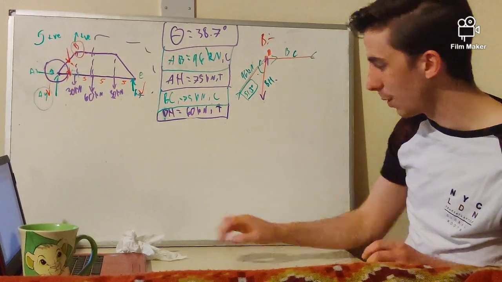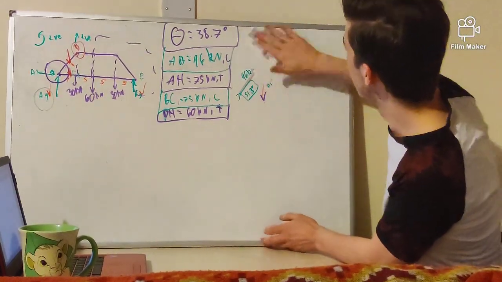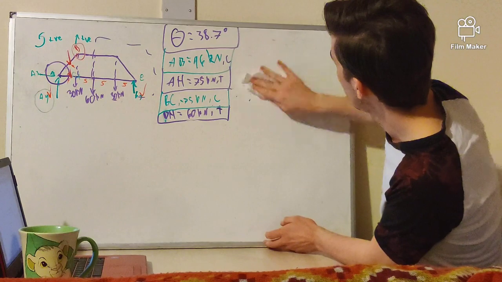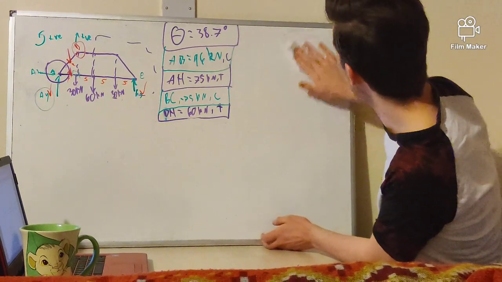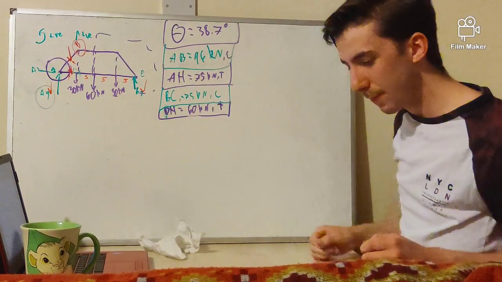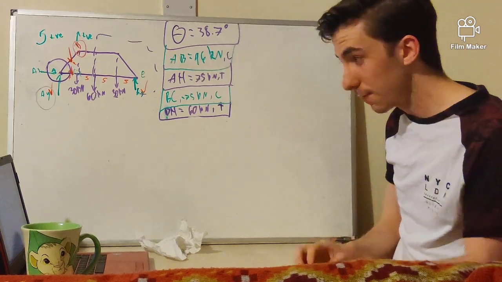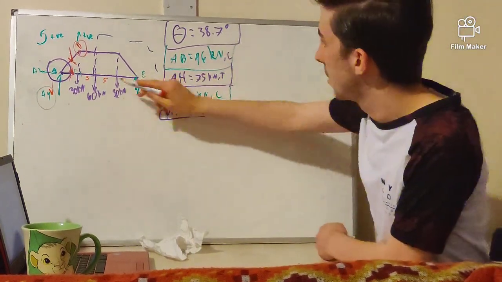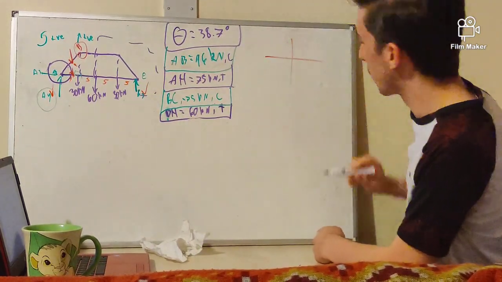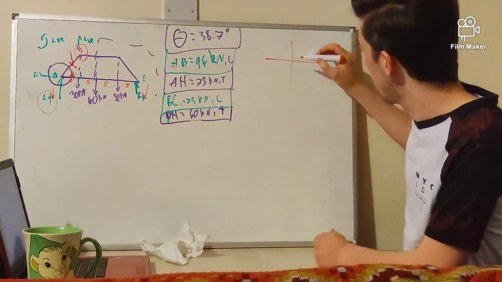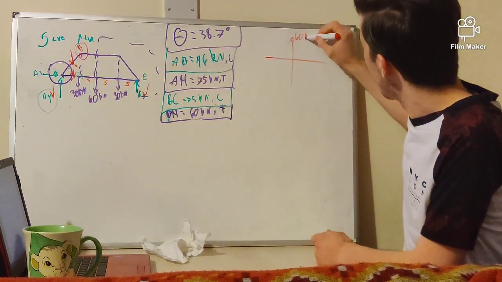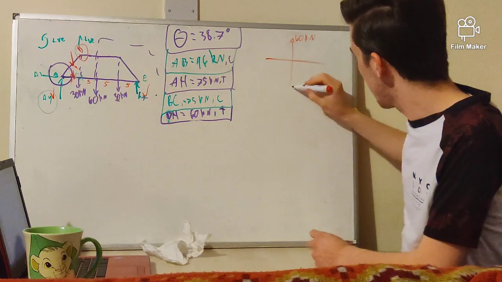So last one I'm actually going to walk through. I'm just going to fly through this one, just because I don't want this video to be very long, and you guys should know how to do it. I'm going to look at joint H. So joint H is this one. It just looks like that. We've got 60 reaction there.